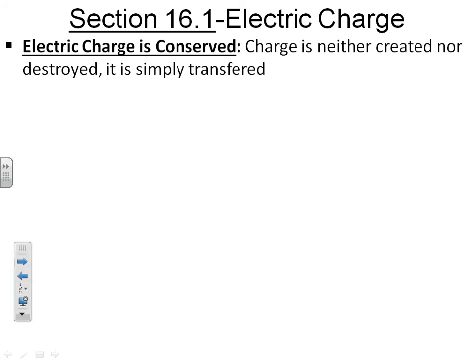Now, again, electric charge is simply conserved. It's not created or destroyed. It is simply transferred. So it goes from one object to the other. Now, this is pretty commonplace. You guys have actually seen this quite a bit. If you rub objects together, you can create electricity. It's static friction.